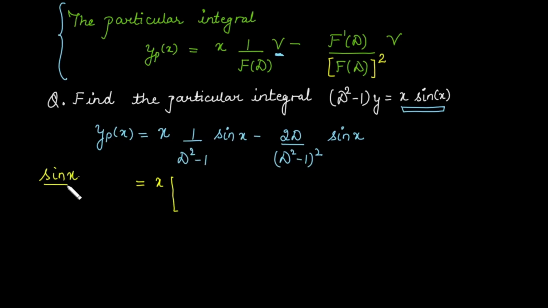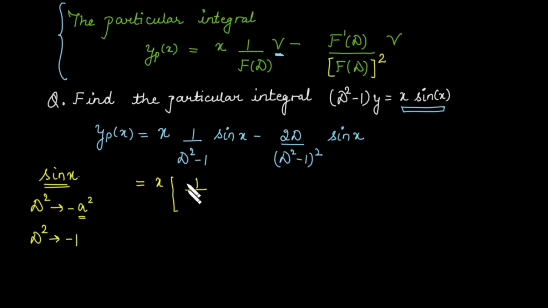Now from here we can write x times, operate this operator on sin x. In case of sin x, D squared is replaced by minus a squared, where a is the coefficient of x in this case. What is the coefficient of x? That is 1. So we replace D squared by minus 1.